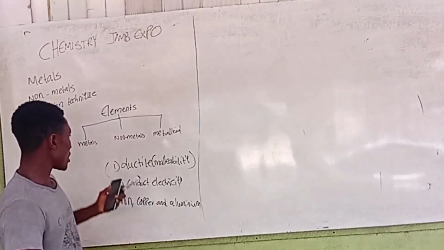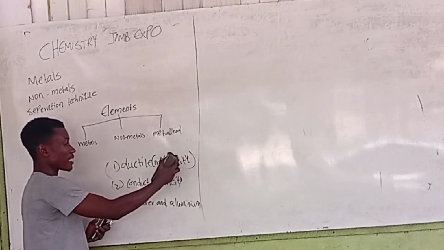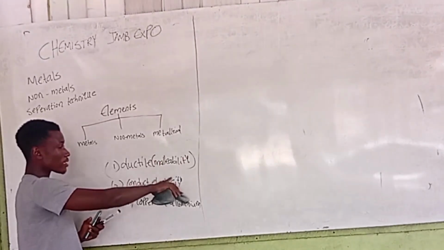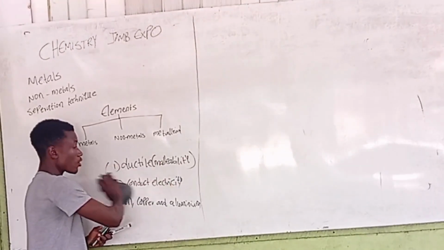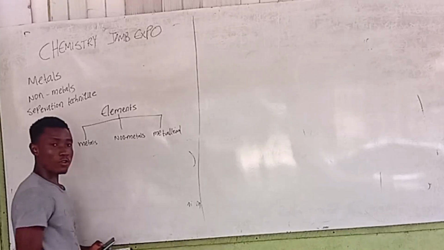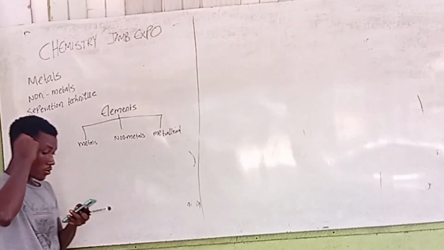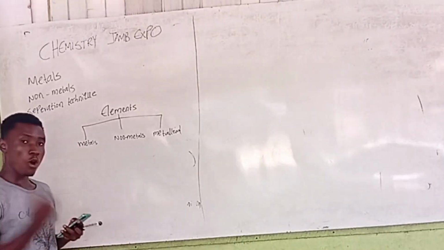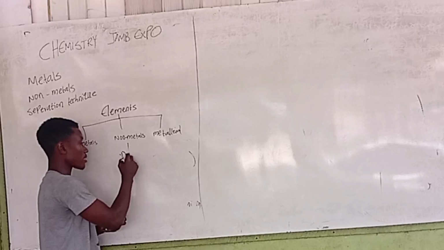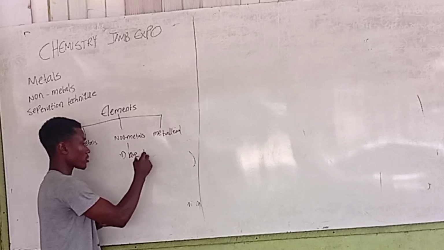But when we talk about non-metals, it is a totally different thing, the opposite of what the metals are all about. We say metals are shiny, but non-metals are not shiny. Non-metals are dull.